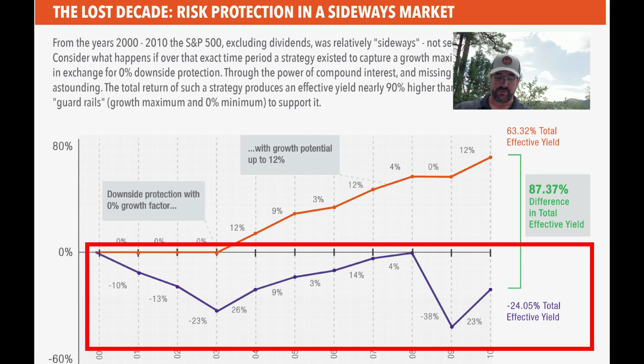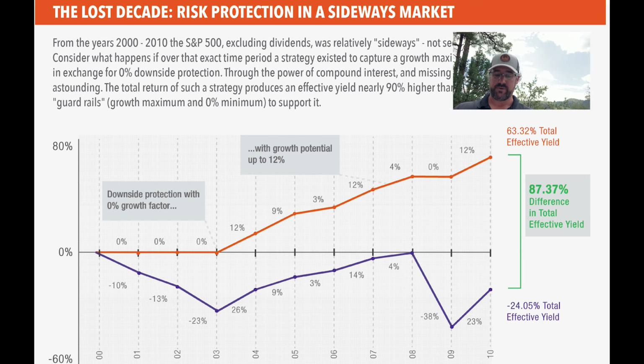So in this sample, the person in the purple, the S&P 500, they actually lost money during that decade, where if you had money in the orange line graph, you would have made about, on average, 5.5% during that decade. So just a very easy way to visually show the floor of 0 and then the cap of 12, that index feature.